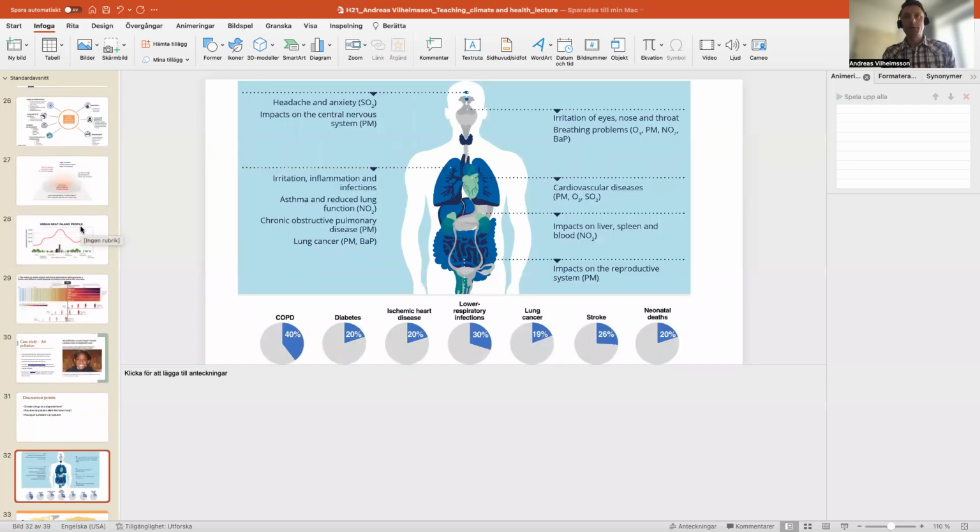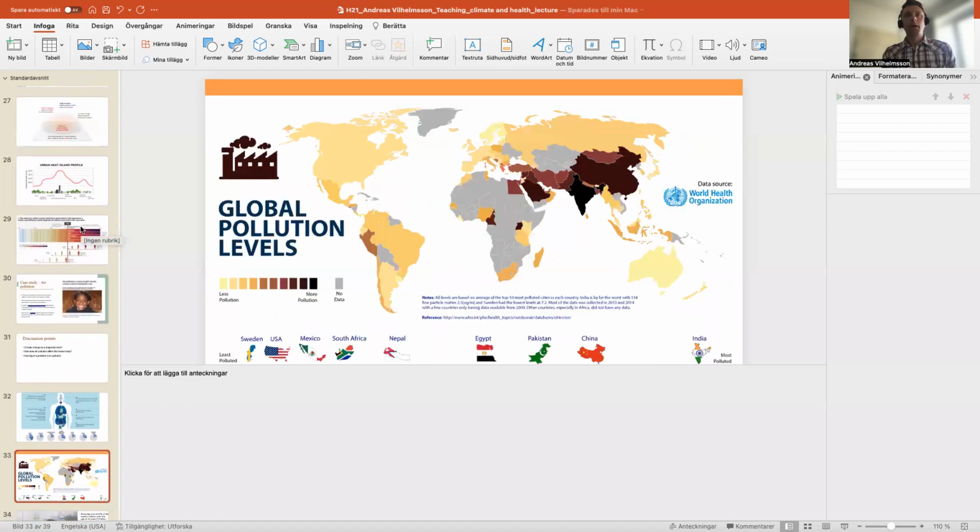For instance, air pollution affects many of our organs and leads to very many problems. And we can look at the global pollution levels that are quite high, but also very uneven in the world. And it's very important to look at how people are affected, for instance, if we look at India or China, compared to, for instance, here in Europe.